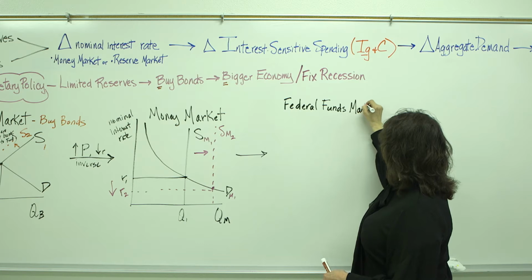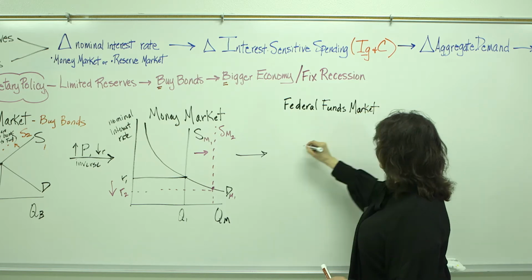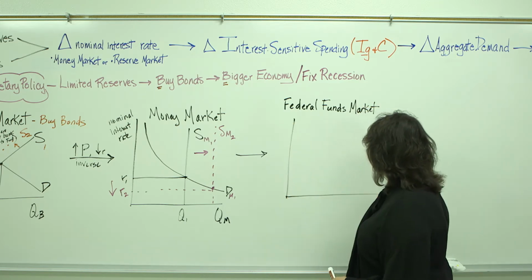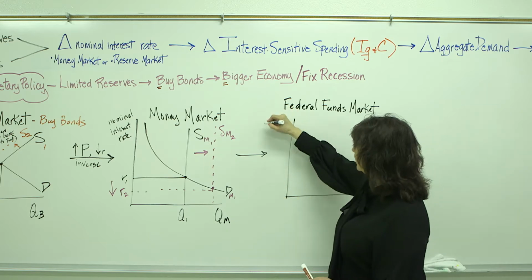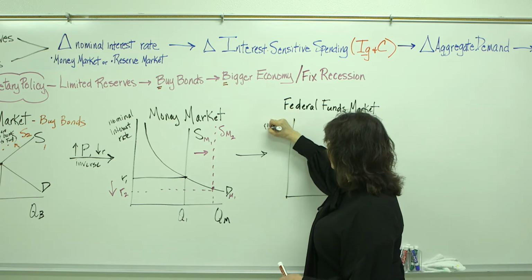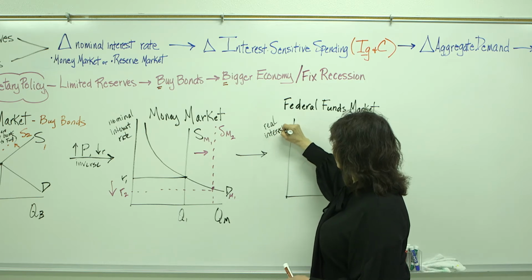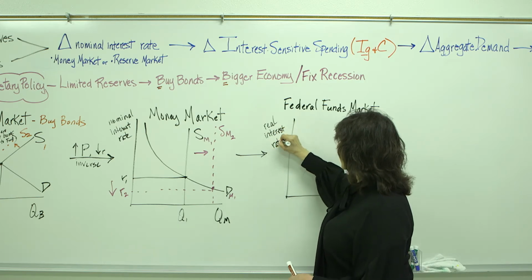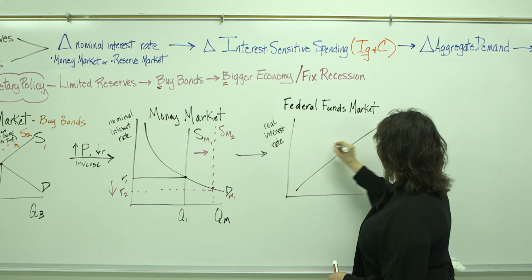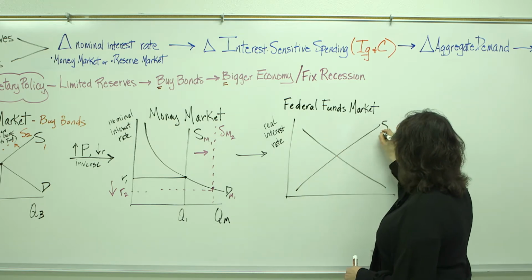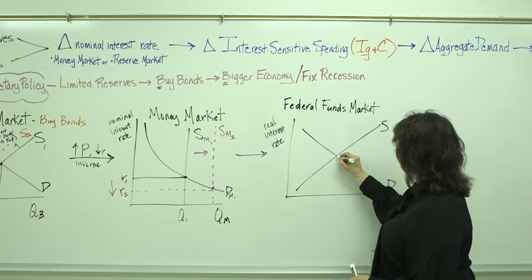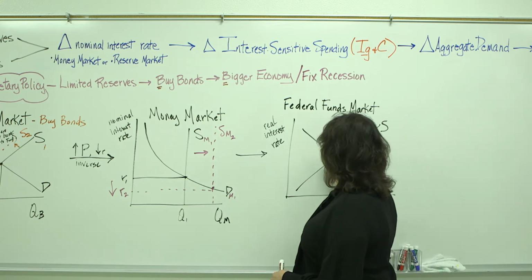So with the federal funds market, this is what happens. You now have the federal funds rate, but we're going to call it a real interest rate. It's a regular market, positively sloped supply curve, negatively sloped demand curve. Let's create that equilibrium.